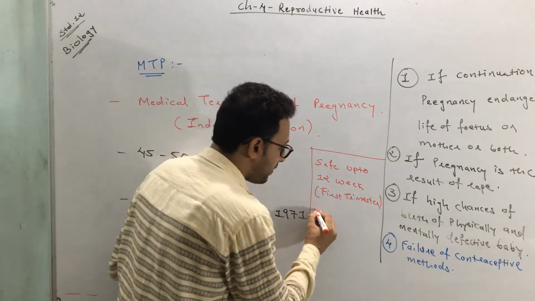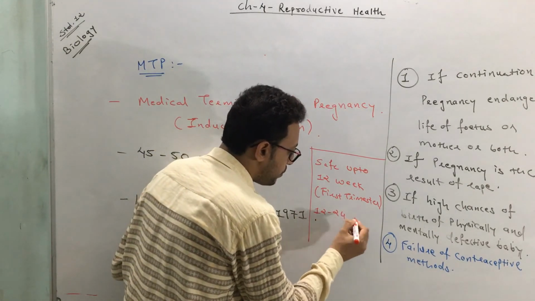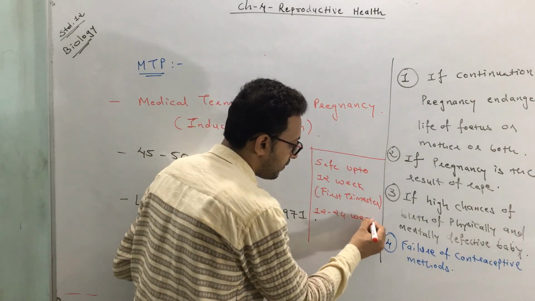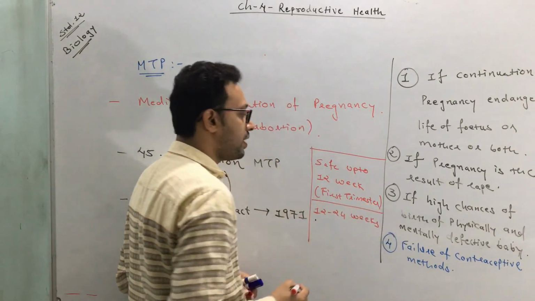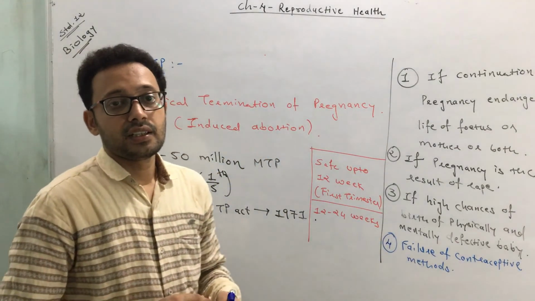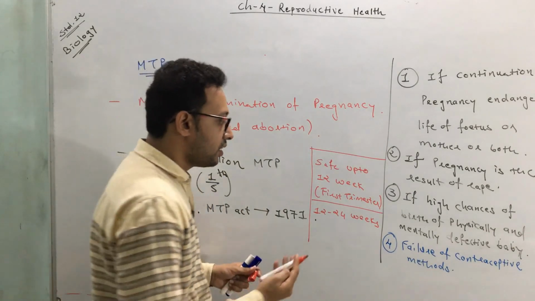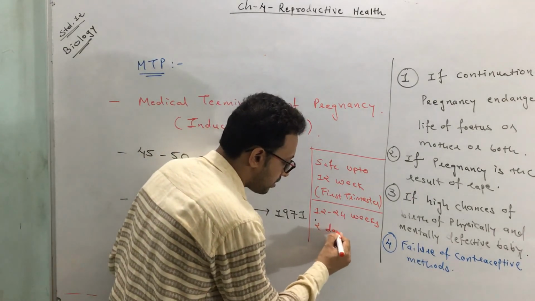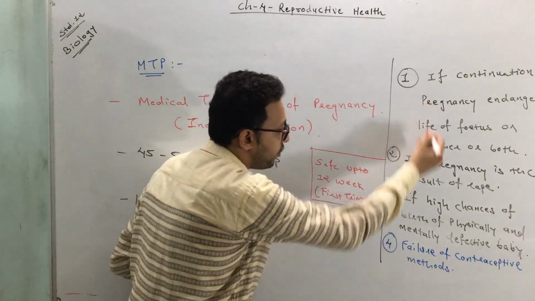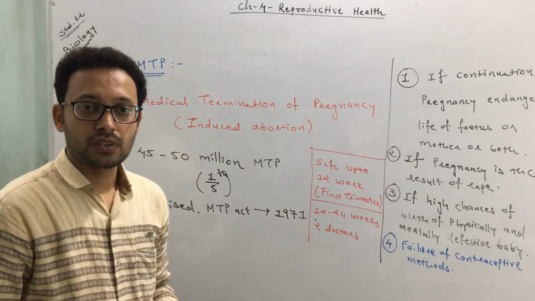But if it is between 12 to 24 weeks of the baby's growth, then it is somewhat dangerous. So at least 2 doctors should be of the opinion that one of these 4 grounds applies.